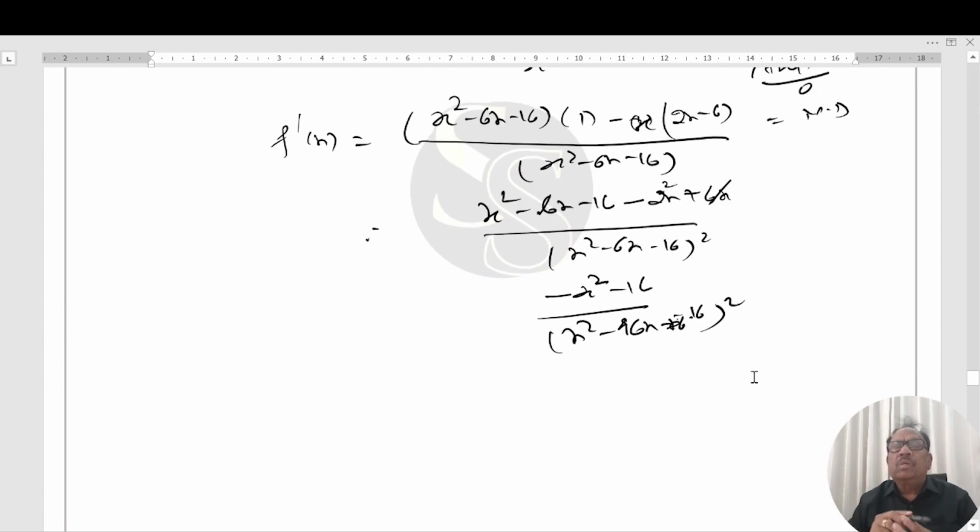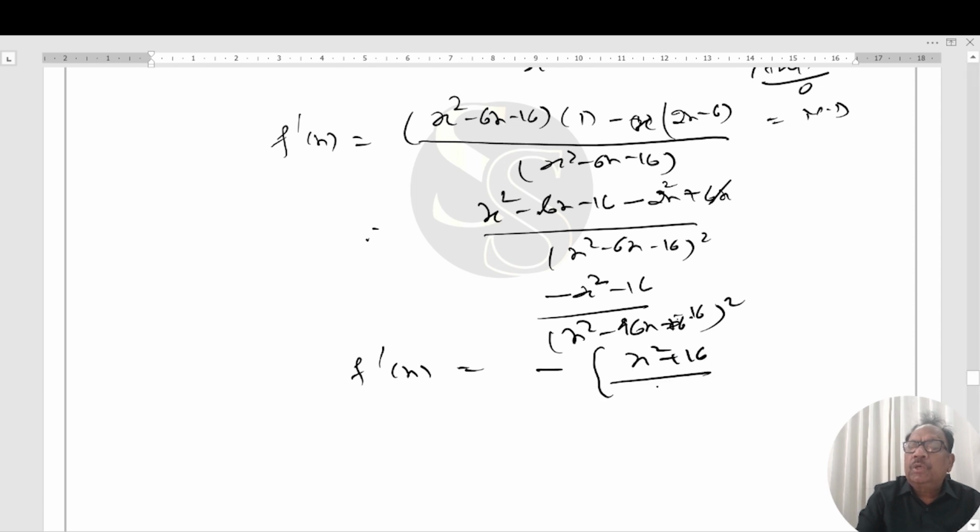Now, f dash x finally comes out to be negative x square plus 16 over x square minus 6x minus 16 whole square.